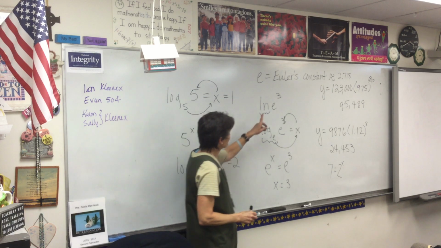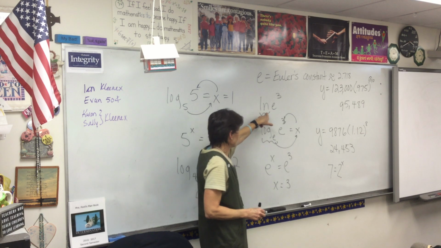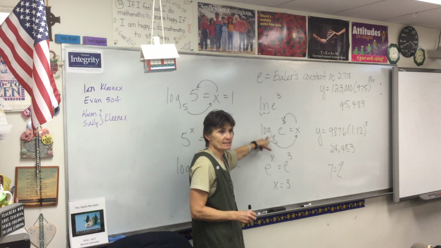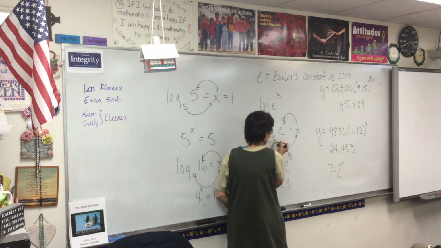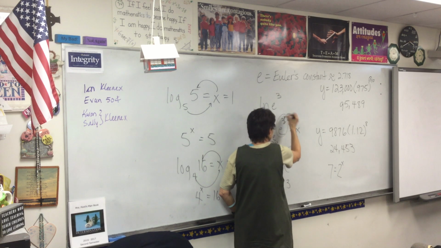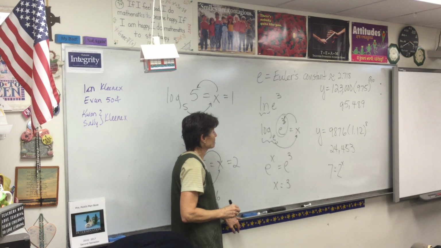Every time you see an ln, I want you to write it, or think of it at least, as log base e. And then you can do your loop-de-loo, so e to the x equals e cubed. So x equals 3.